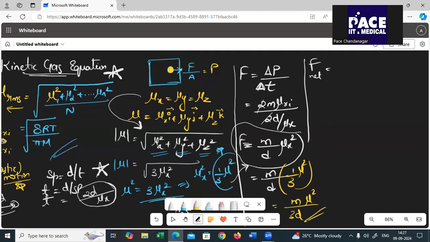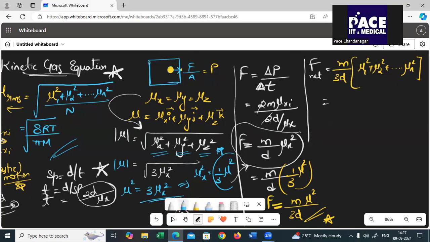So now let me talk about the net force. This is force due to one particle, and this is force due to n molecules. That would be m by 3d common. I am taking it as u1 square plus u2 square plus so on till un square, because f1 plus f2 plus f3 so on till fn, right?